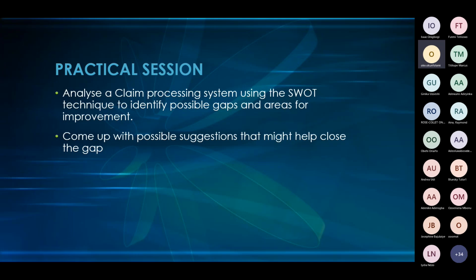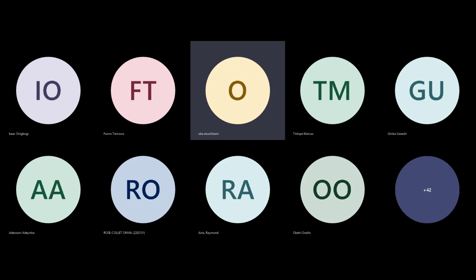We've discussed the kind of questions we should be asking to identify what could be wrong, and then most importantly, come up with possible suggestions that might help close the gap. I have put the answer somewhere else, but I will let us have a go, so that we can all have a shared understanding of what we're trying to do here today.